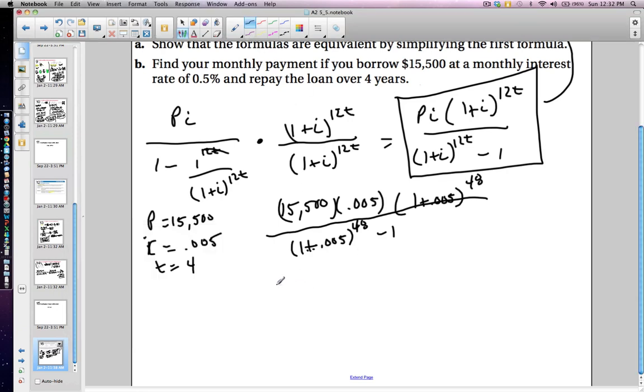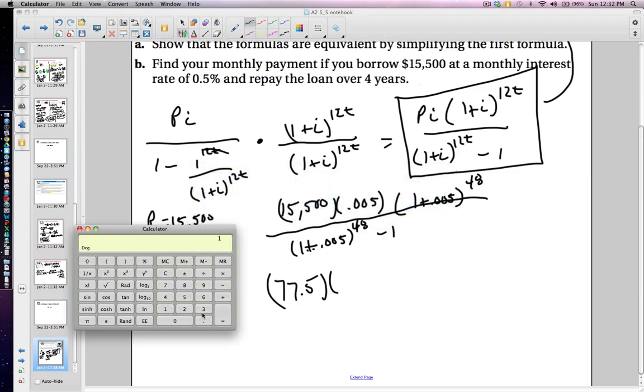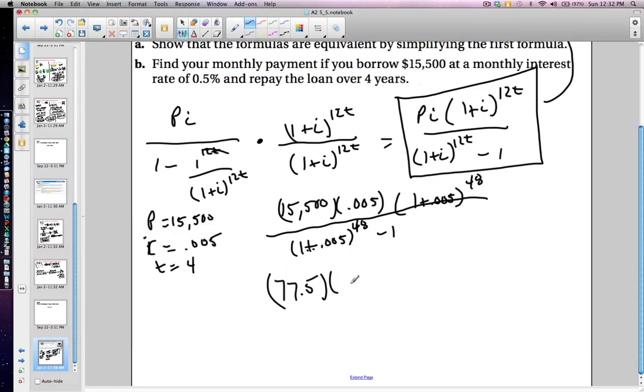Okay, so that's going to be 77.5 times 1.005 to the 48th power. Right? So if I take 1.005 and I take it to the 48th power, that's going to equal this number. Well, let me write that down, 1.27 essentially.